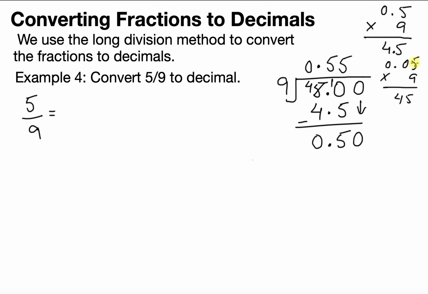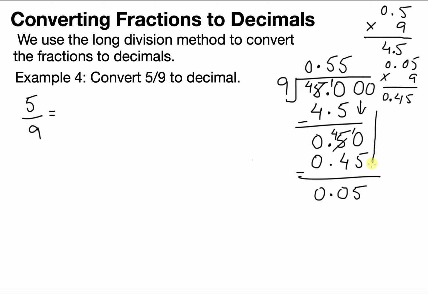Now the decimal place is 2 digits before the decimal place, so it's going to be 0.45. So we can't do this one, so borrow 1 from here. We can change it to 4. This becomes 10. 10 minus 5 is 5. 4 minus 4 is 0. Put another 0 there. Bring it down all the way.